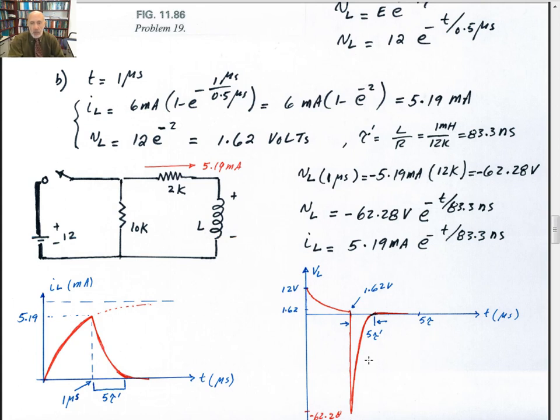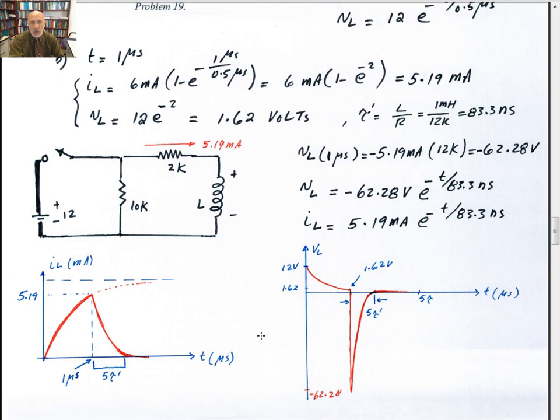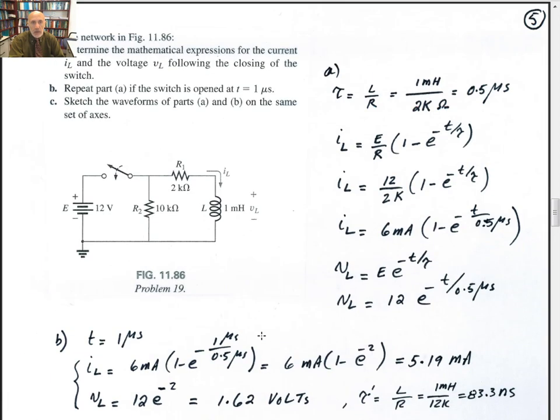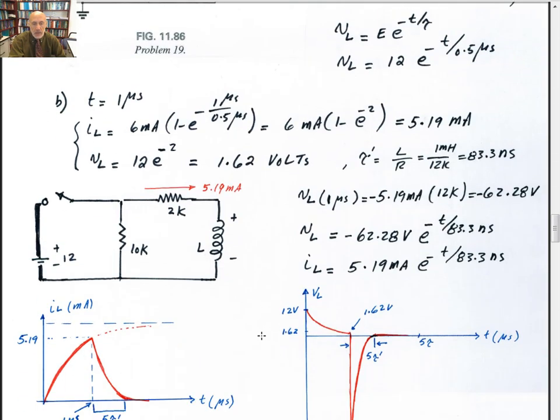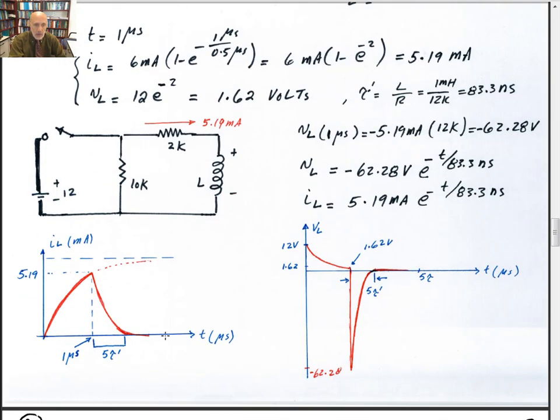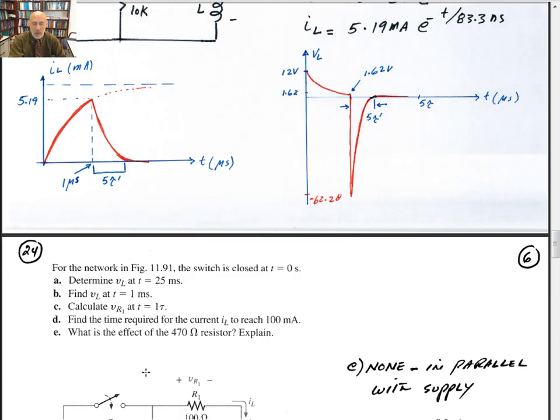And after 5 time constants, 5 tau prime, which is much smaller than the previous time constant, so a lot faster, it is going to give up that energy. So that's the waveform for both. It says sketch the waveform for part A and B on the same set of axes. So this is part A and that's part B during the discharging cycle.